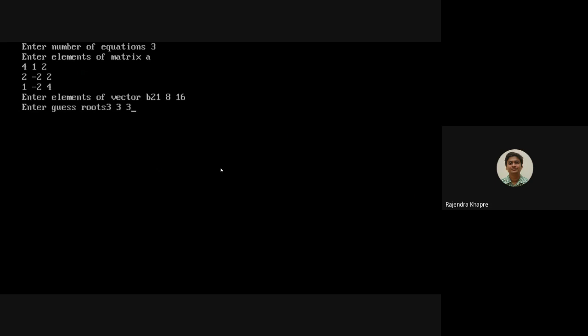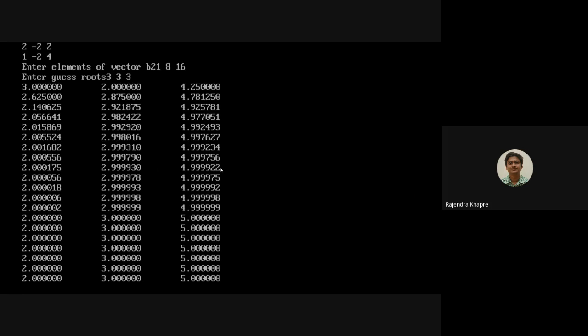The middle one, x2, is the exact answer. The actual x1 is 2, but I am choosing 3. Here x3 is 5, but I am choosing 3. So you may get fewer iterations. We can count: 1, 2, 3, 4, 5, 6, 7, 8, 9, 10, 11, 12, 13, 14. Okay, that is the final estimation.